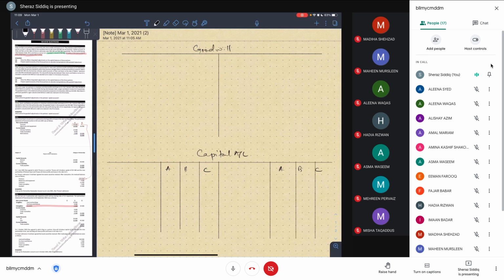And the capital account has a starting balance brought down on the credit side. Andy has $60,000 and Barry has $40,000, and C doesn't have anything because C did not exist in the previous firm. So this capital account is going to transform into this particular capital account.